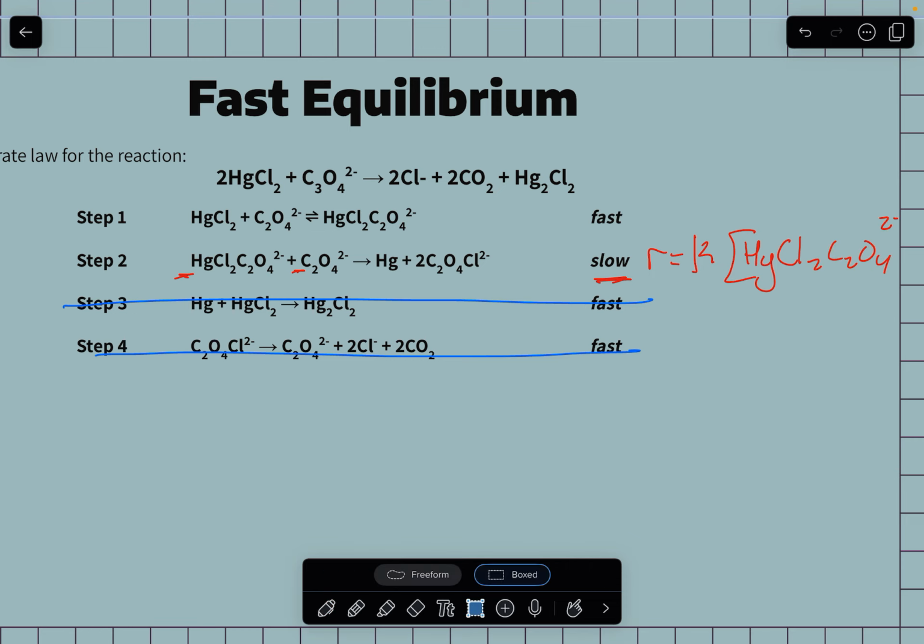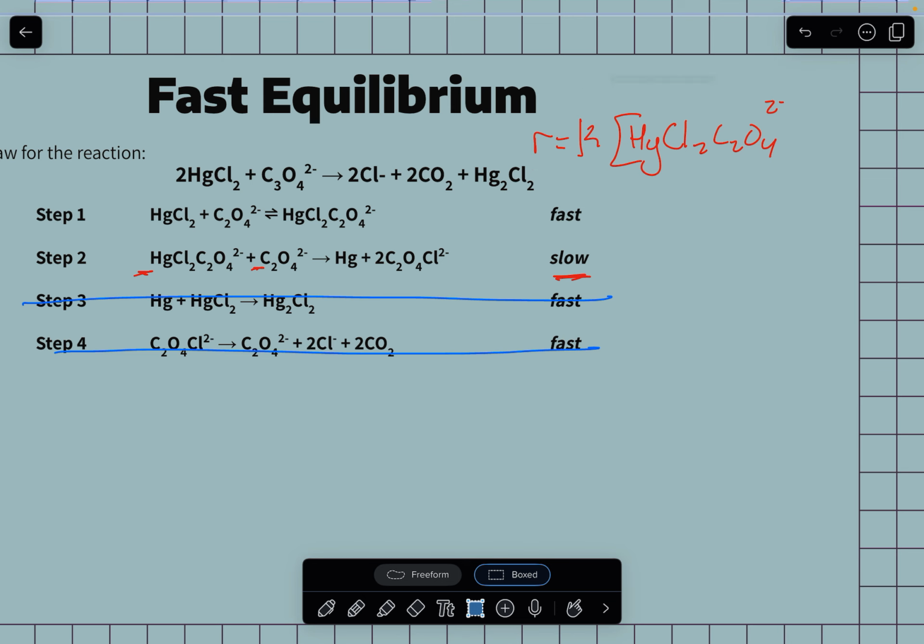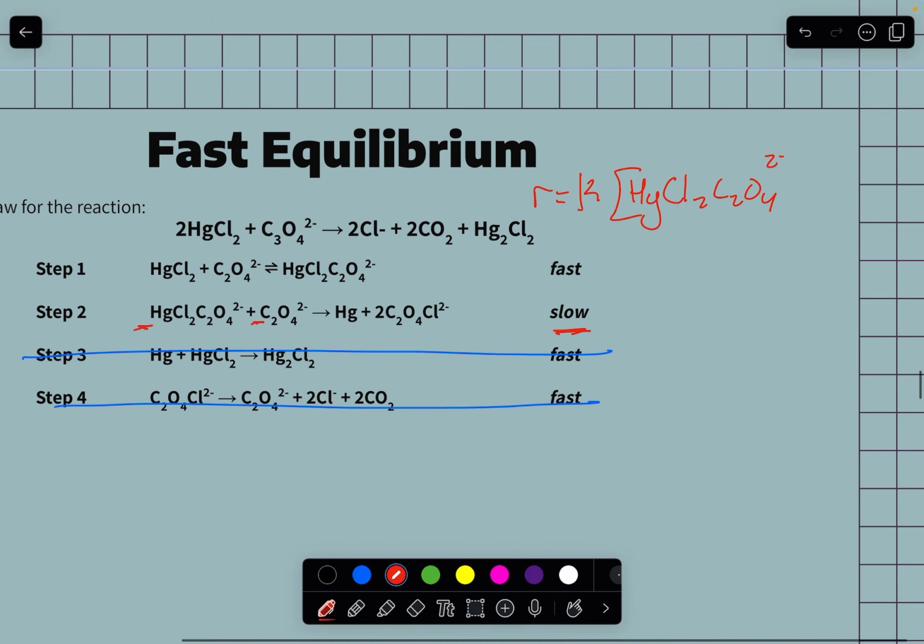Let me write this somewhere else so there's a little more room. So we have our first reactant times our C2O4 2 minus, second reactant. So our slow step rate law is up there.